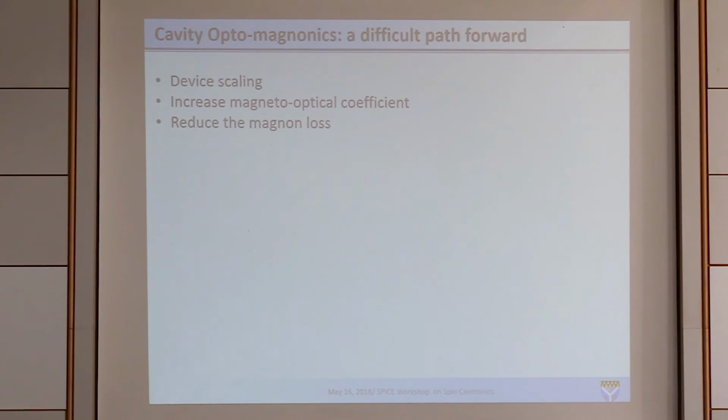The main approaches: you can enhance your Faraday effect in the material, and you can reduce the Magnon loss. And we think the most important is the device scaling. I hope I convinced you throughout my tutorials that making the device smaller is the key.